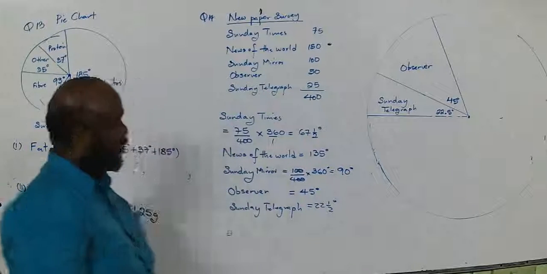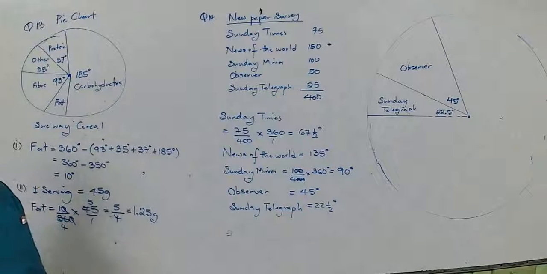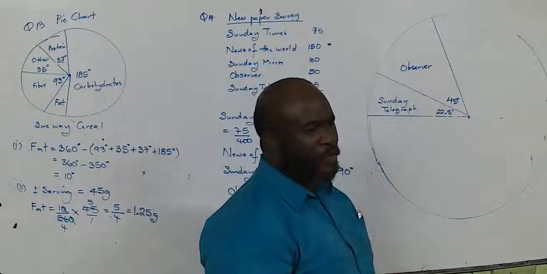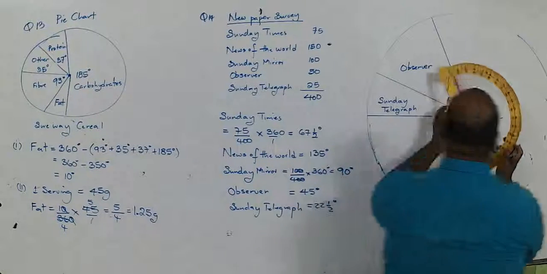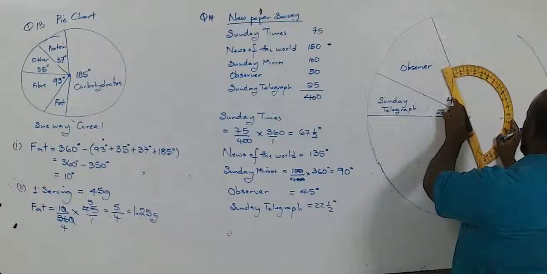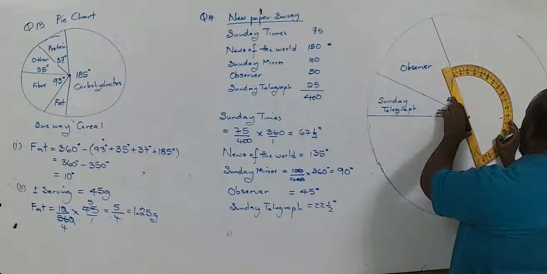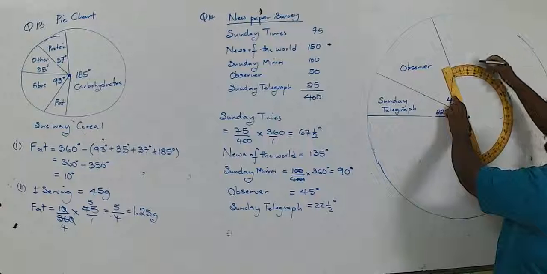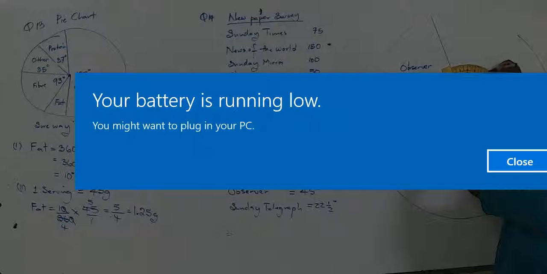Next. 67 and a half. So I'm putting them in from the smallest angle to the largest angle. The new line that you draw must become your new what? Zero line. Line it up. 10, 20, 30, 40, 50, 60, 65, 66, 67.5.